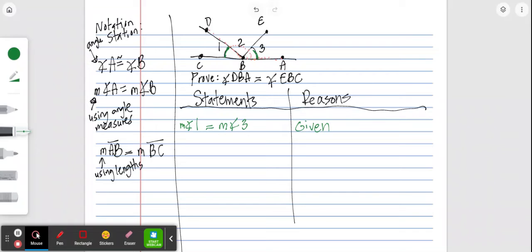So we're going to rewrite angle DBA using the angle addition postulate. Angle DBA equals angle 2 plus angle 3. And this is by the angle addition postulate.